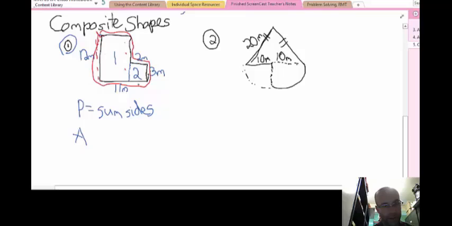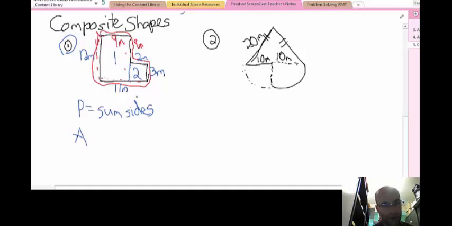If it's 12 and then 3 coming up here, the rest of it should be 9. Across the top we have 11 all the way along there. There's 2 back that way, so the rest is 9 meters that way.